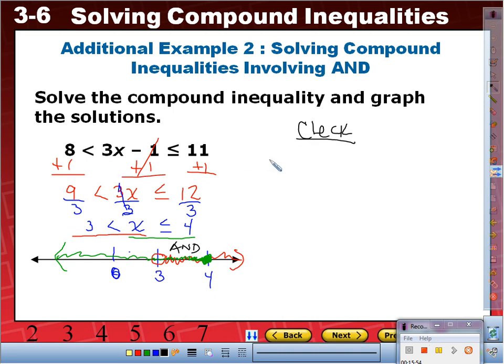I'm going to rewrite this. 8 is less than 3, open parentheses, minus 1, less than or equal to 11. Now check this out. Out of this intersecting region, which number would you use in order to check it? Could we use 4?